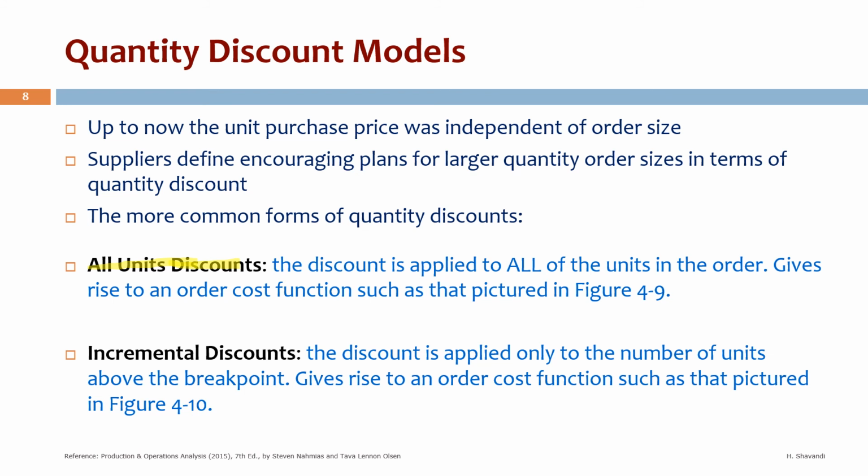But in the incremental discounts, the discount is applied just on the units above the break point. So we have some thresholds, some levels, and if we go over a level for order size, then the discounted price is applied just for the units above that break point.